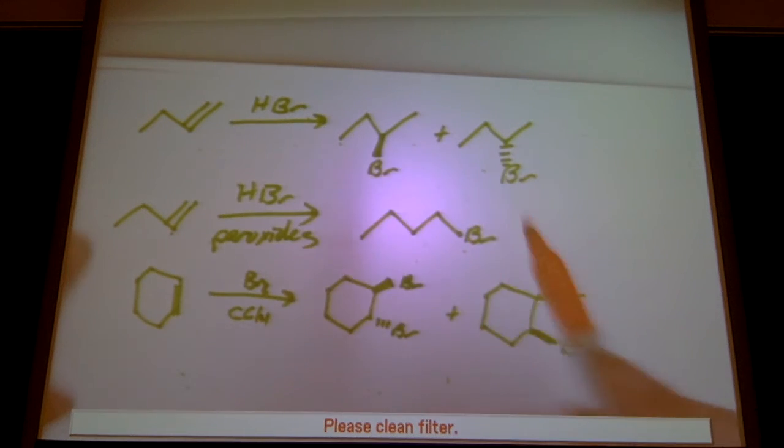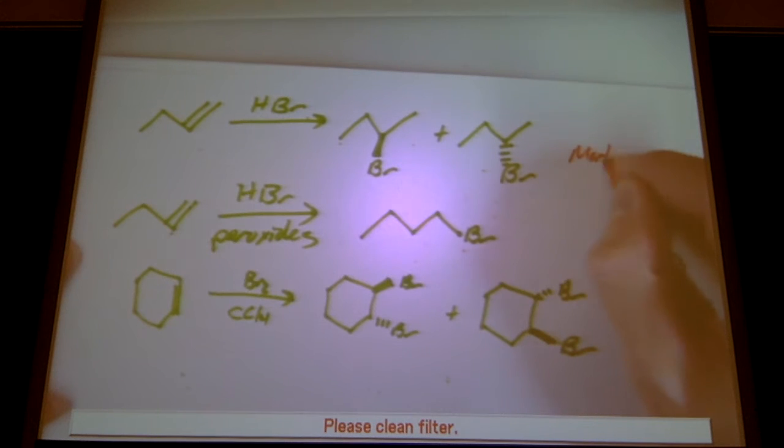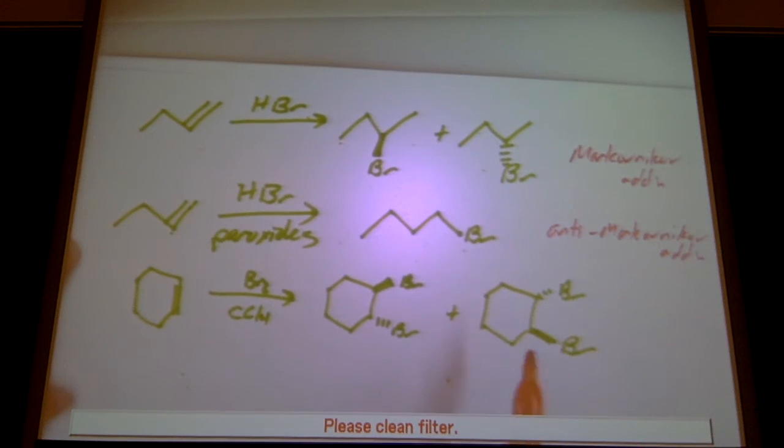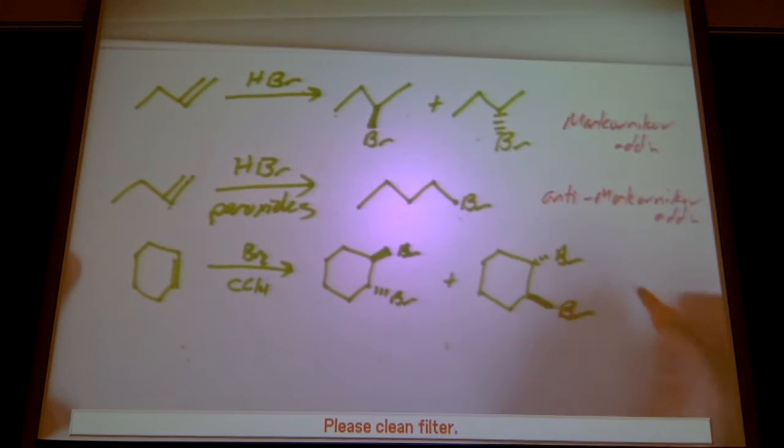This one was Markovnikov addition. This was anti-Markovnikov addition. This one formed that bromonium ion intermediate. And so we see that the bromines add to opposite sides. So we call that anti-addition.